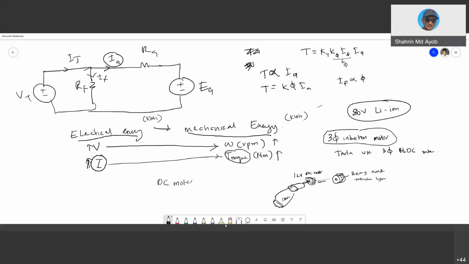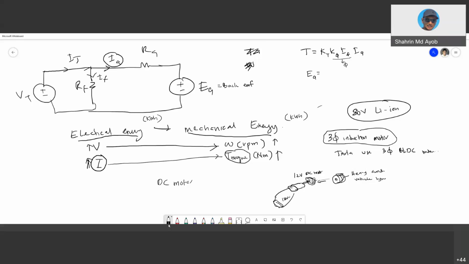Another one is EA, the back EMF, electromotive force. This is the voltage produced due to the rotation of the motor, so it is automatically generated.